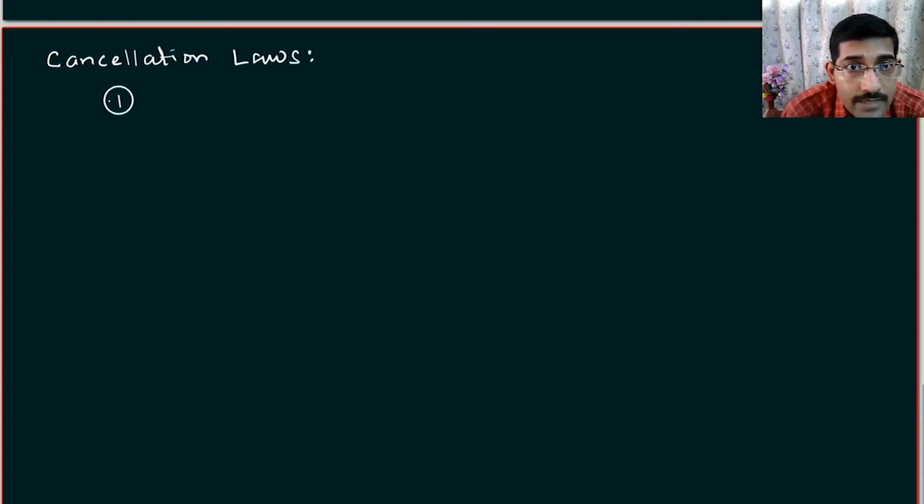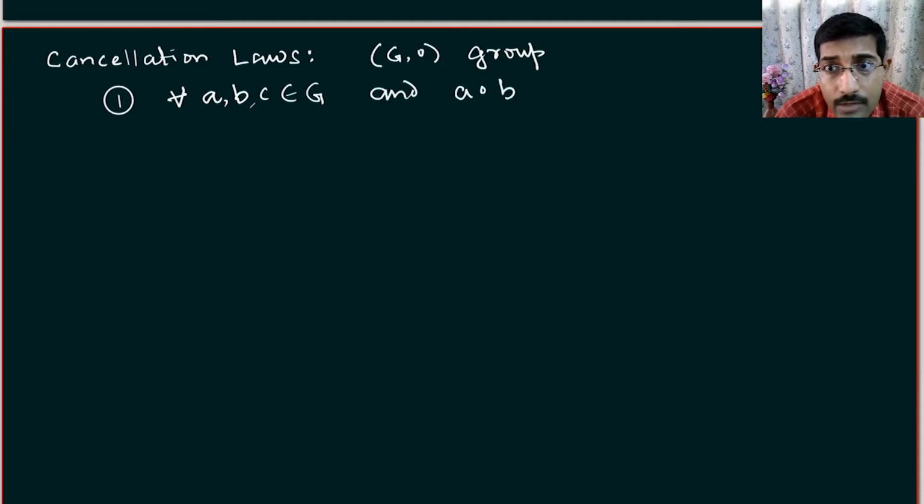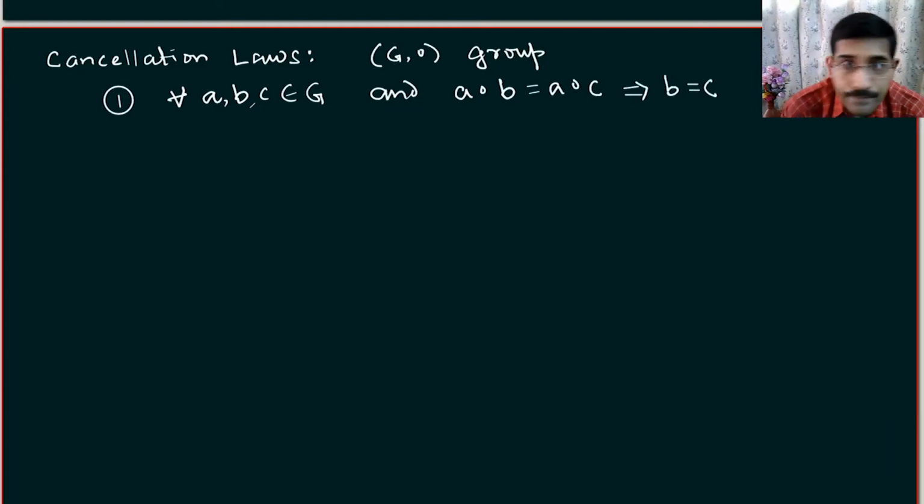The first cancellation law says that if G with binary operation O is a group, then for any three elements A, B, C belonging to G, if A O B is equal to A O C, it implies B equals C. This we call left cancellation.